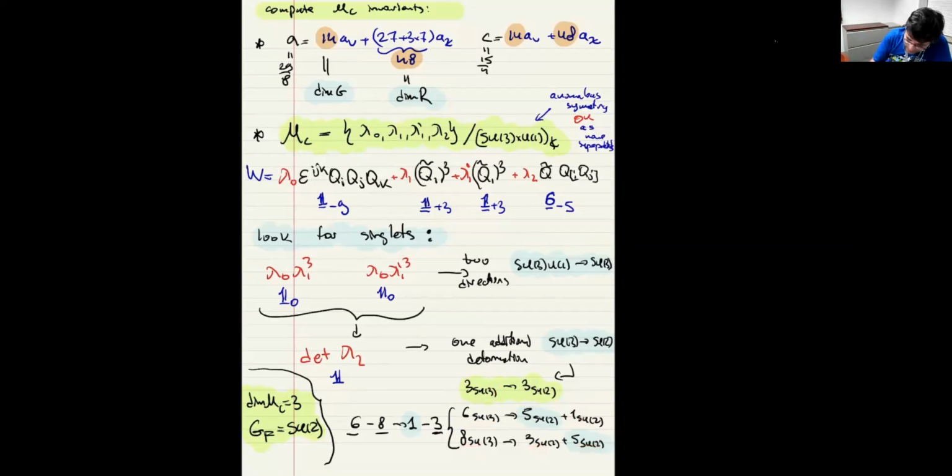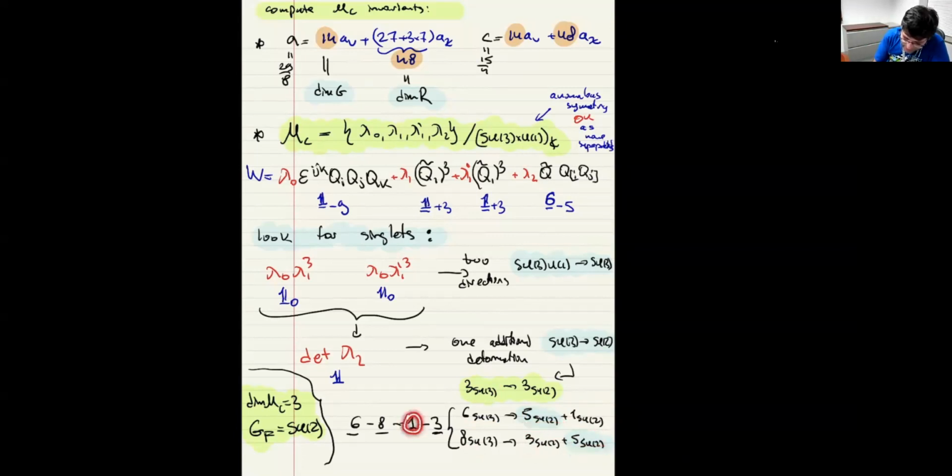And if you remember, in order for this claim to be consistent, since you want to be left with the adjoint of SU(2), the rest of the adjoint representation of SU(3) needs to be eaten by something in the marginal couplings, and you have exactly the same representations.